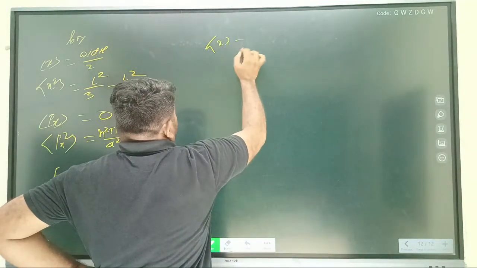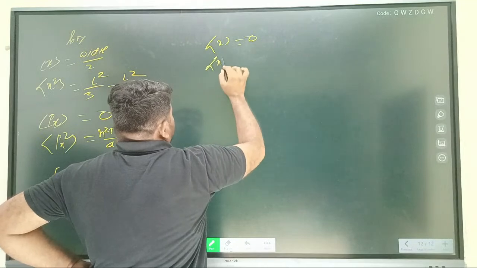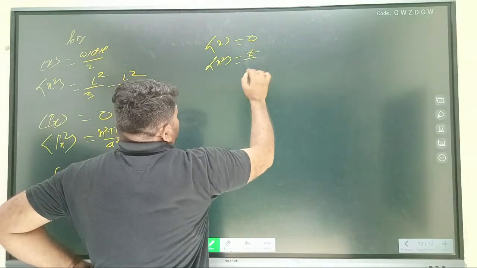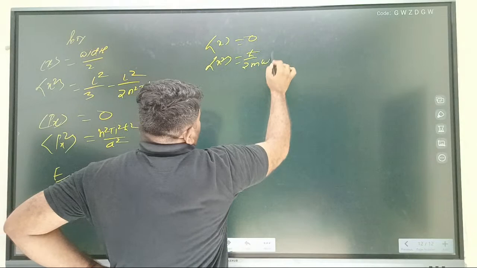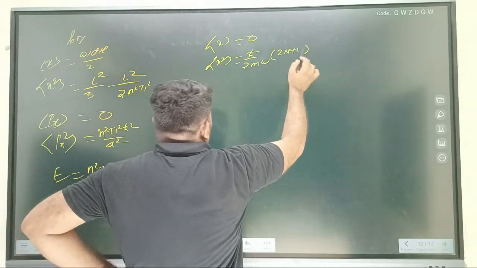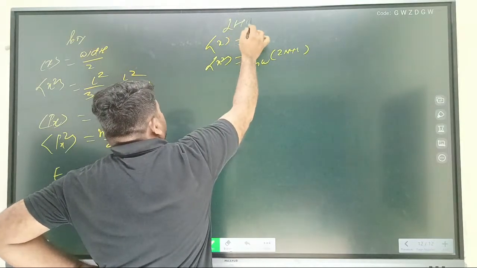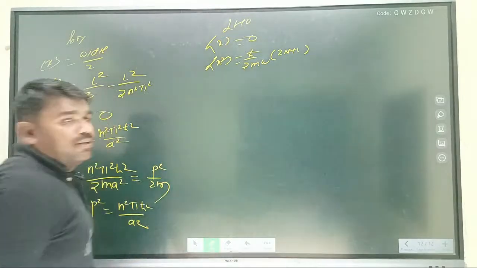In the LHO system, expectation of x is 0. Expectation of x square is h cross upon 2m omega times 2n plus 1. Okay, the system is LHO, so directly here 2n plus 1.